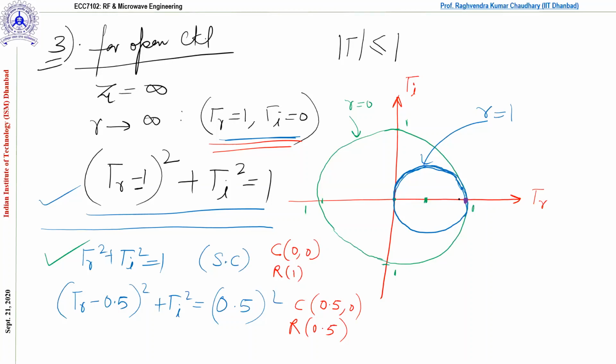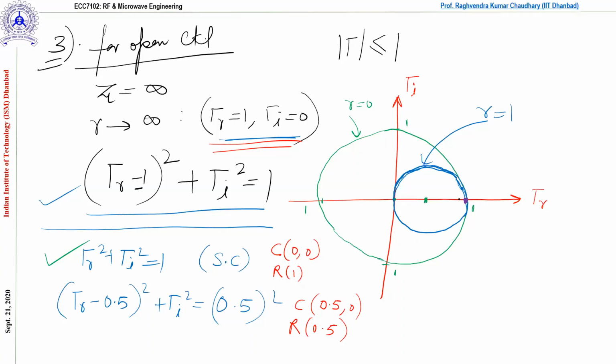So this is all about the normalized circles. Correct. Fine. So we have seen these things. R is equal to 0, R is equal to 1, these things. Okay. And for open circuit as well. Correct. Yeah. So all the things now clubbed here.